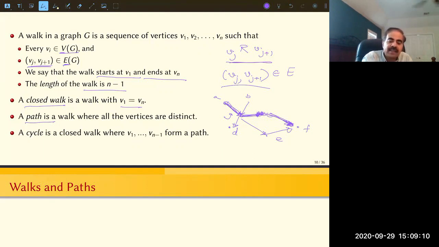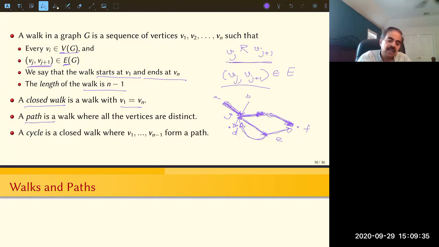But if you added, let's say, another edge like this, now you can think of taking this edge, then this edge, then coming back here, then going this way, and then that way, right? So if you did that, then you would have visited these 2 vertices more than once, and therefore it would not be a path, right?